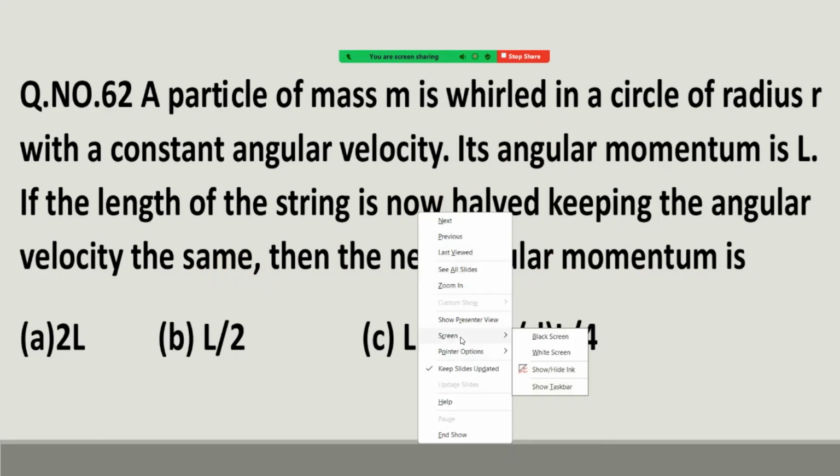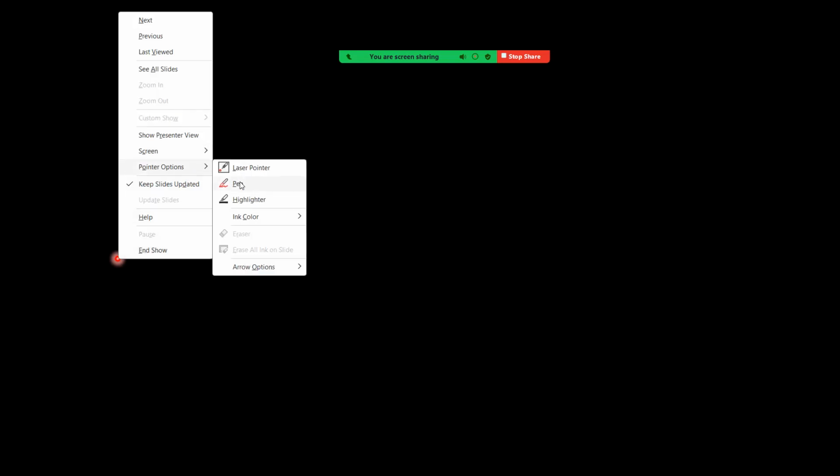Now see how to get it. It is given that omega is constant. We are calculating angular momentum, so we can take it as I omega.